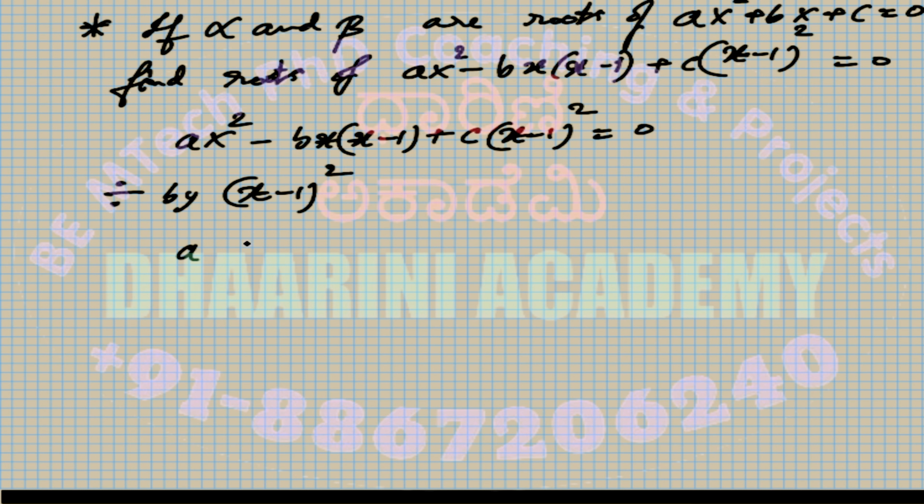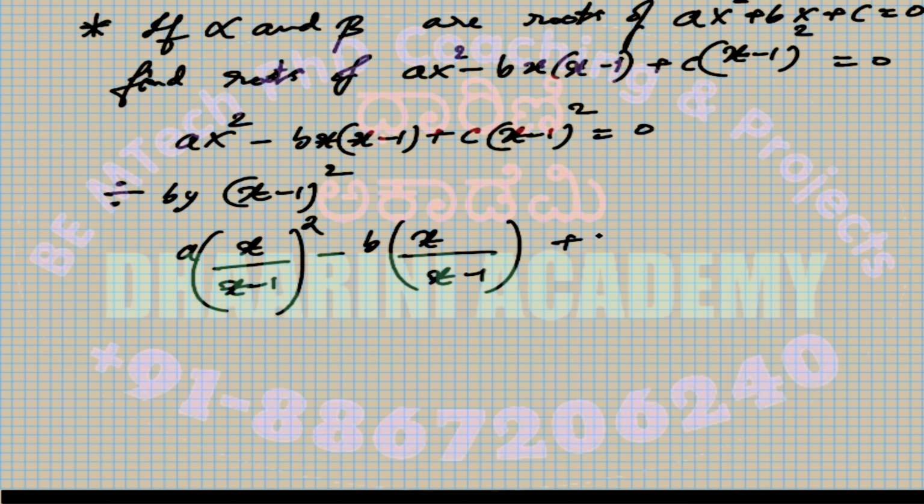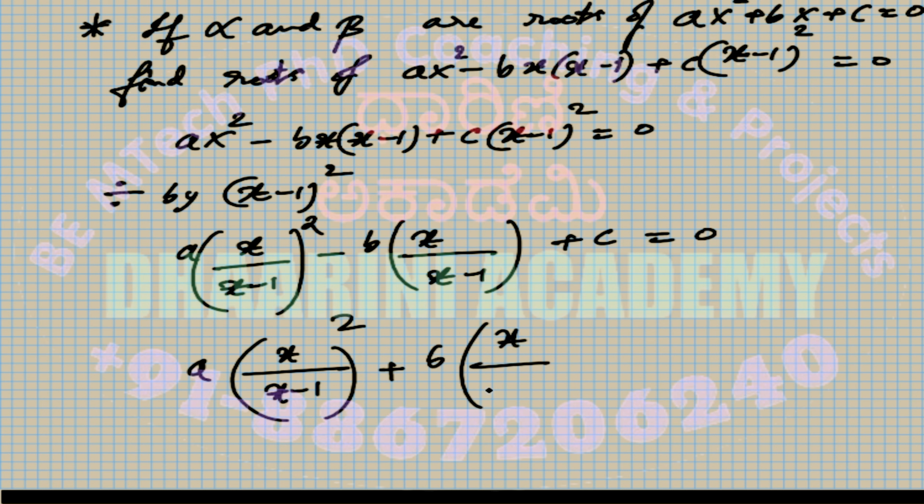So this becomes a x by x minus 1 the whole square minus b times x divided by x minus 1 plus c equals to 0. Okay, I'll convert this as a into x divided by x minus 1 the whole square plus b into x by x minus 1 plus c is equal to 0.